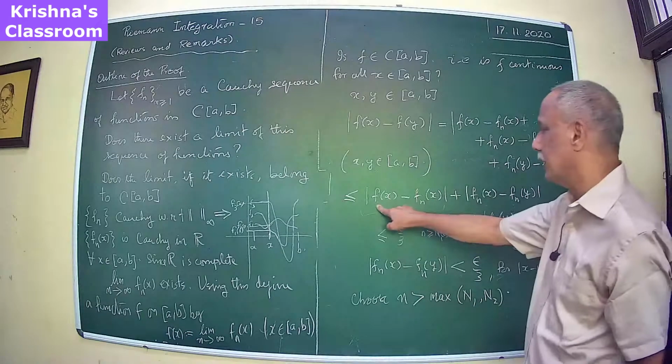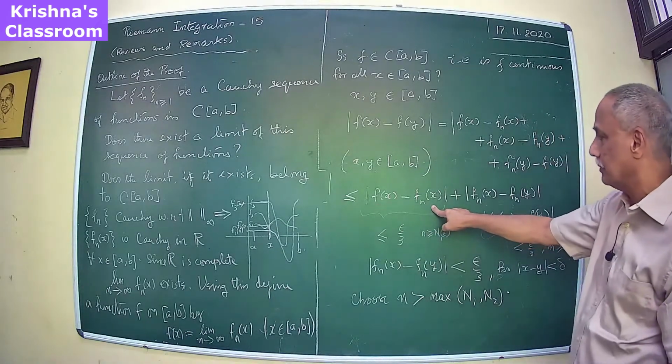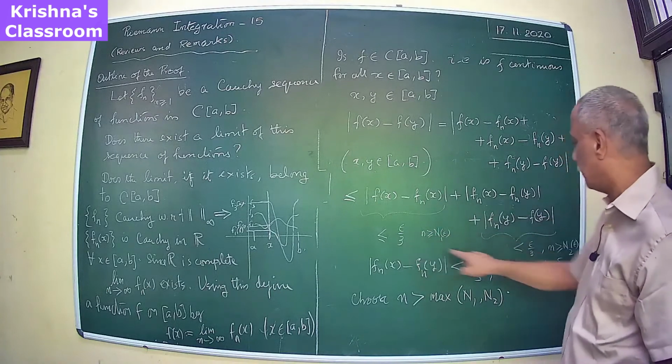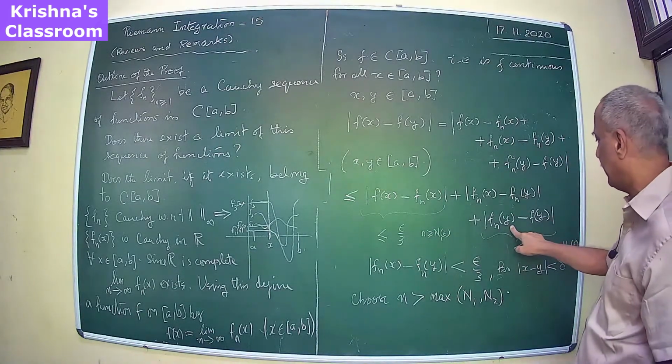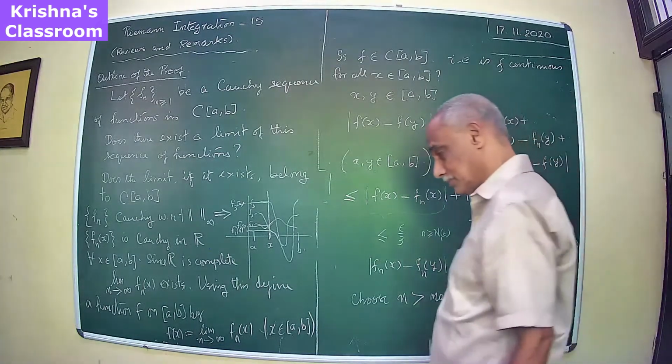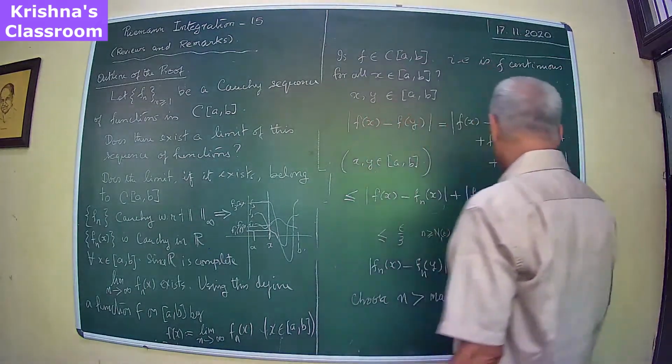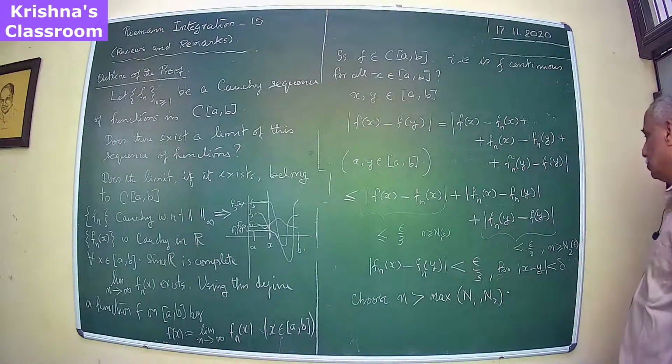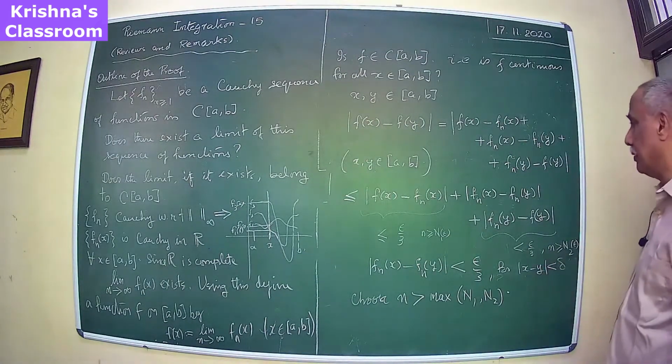Therefore, you are assured that mod fx minus fnx is less than epsilon by 3, and mod fny minus fy is less than epsilon by 3. That is assured. Okay. Now, what you have to do? You have to choose mod x minus y.